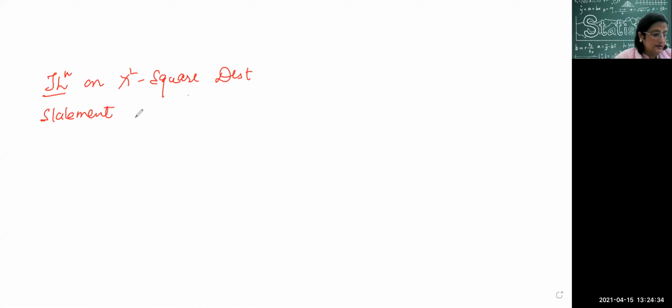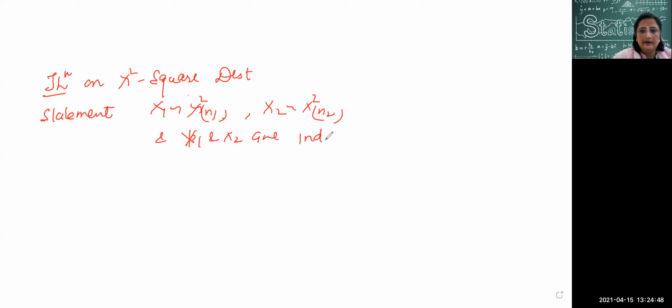What is the statement? If x1 is a chi-square variate with n1 degrees of freedom, x2 is a chi-square variate with n2 degrees of freedom, and x1 and x2 are independent chi-square variates, right?